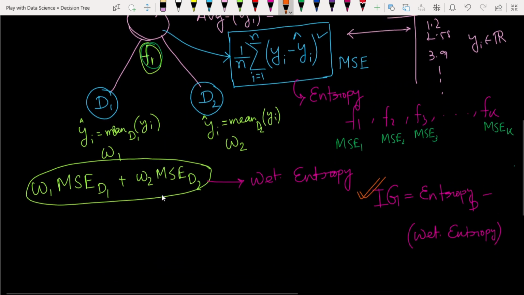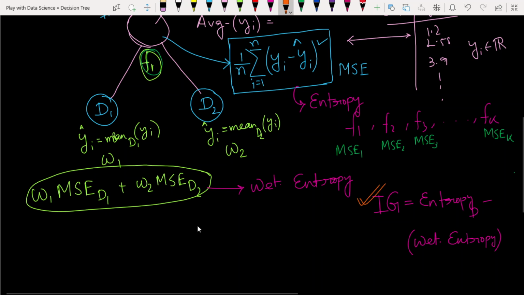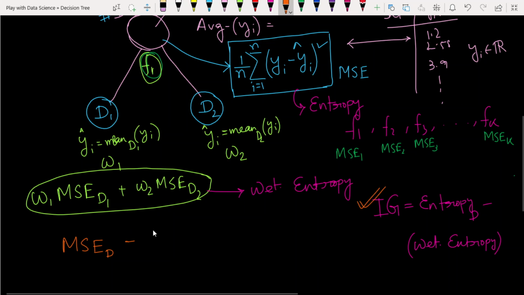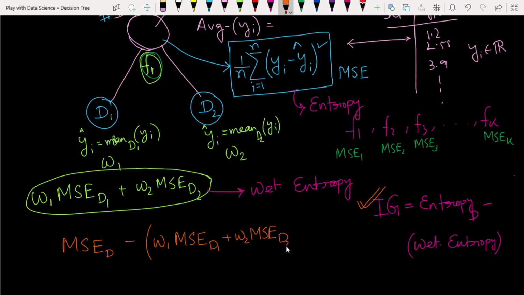In place of information gain for feature 1, we are calculating this value. We calculate the MSE for the data set D, minus the weighted MSE for the data set D1 plus the weighted MSE for the data set D2.